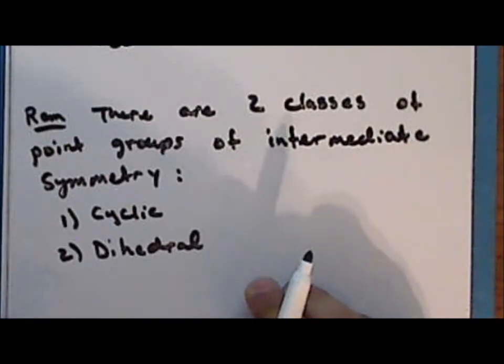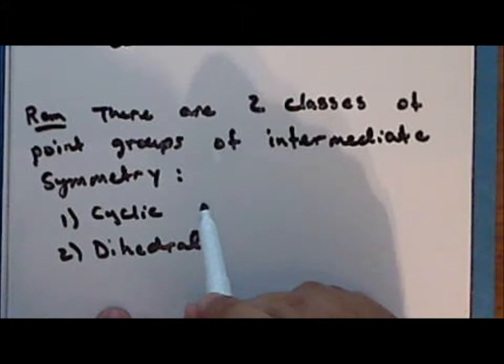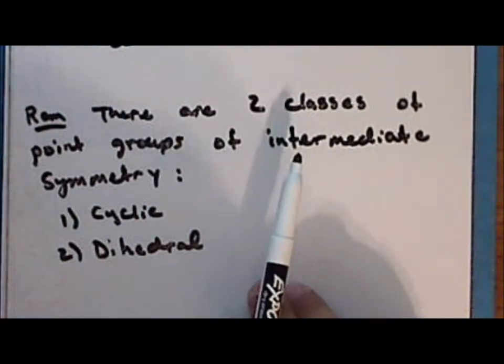Now these point groups are finite point groups with order less than those of the polyhedral point groups.